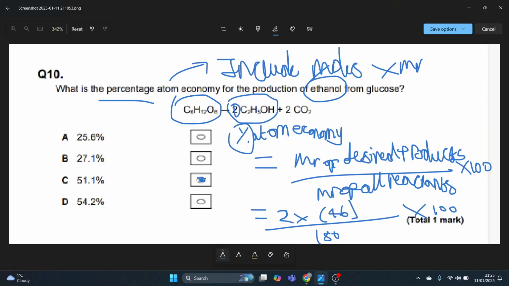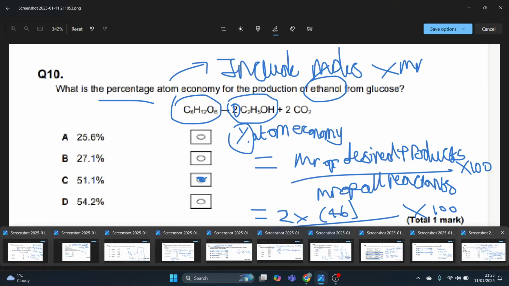Therefore the answer is C. 10C. And that is the end of the multiple choice questions on my mock paper.